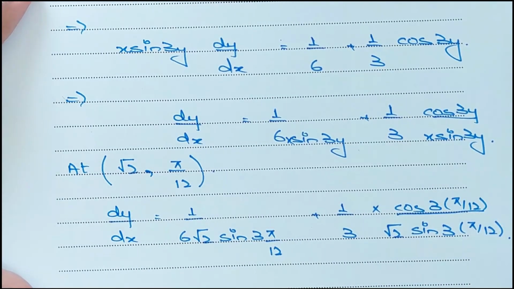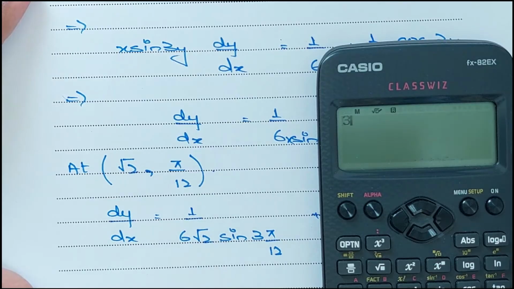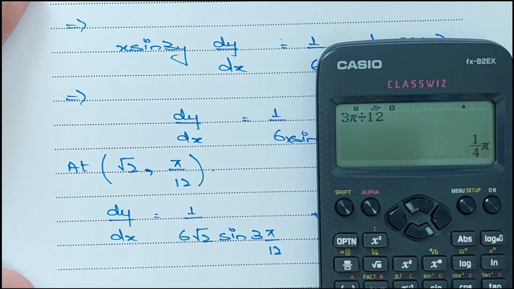All right, let me calculate this. 3 pi divided by 12 is pi by 4. Sine of pi by 4 times square root of 2 times 6 gives 1 by 6.